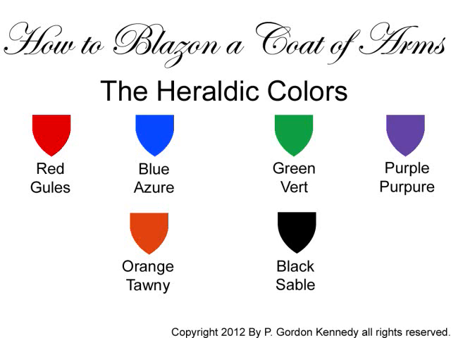Now the words that are used to describe the colors might seem a bit unusual, but the reason it's done that way in a blazon is because long years ago blazons used to be written in the language of Norman French, and that's where those unusual words for the colors come from.